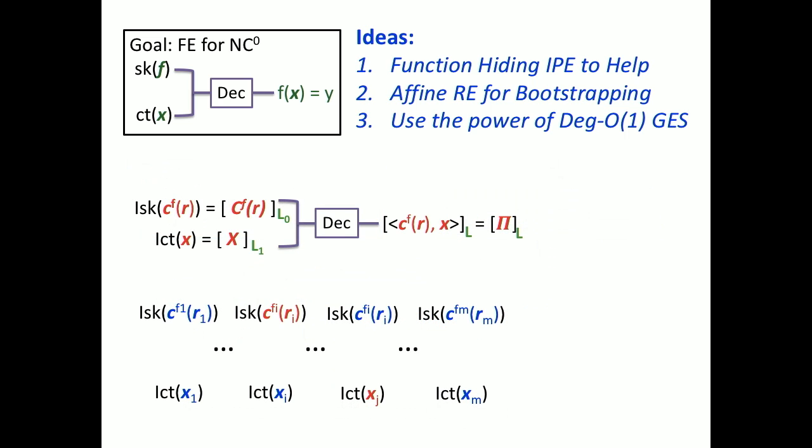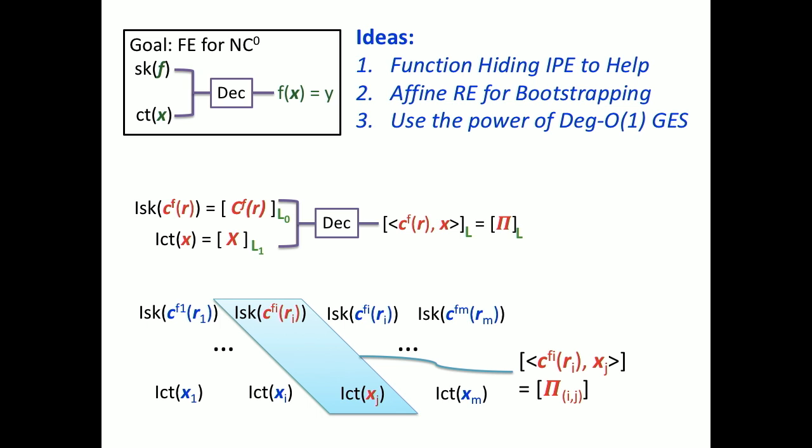To see this more clearly, imagine a scenario where I publish m different secret keys for different functions, and I publish m different ciphertexts for different inputs. The functionality guarantees that I can take any pair and try to decrypt that pair, and it will produce the inner product inside the encoding.